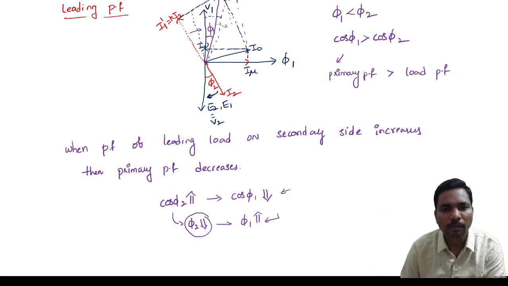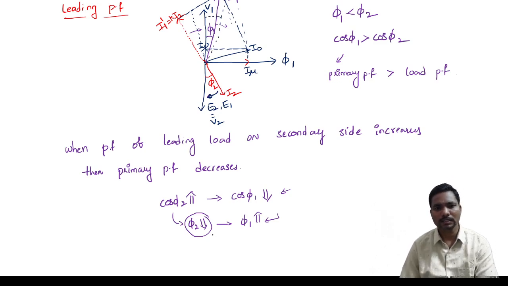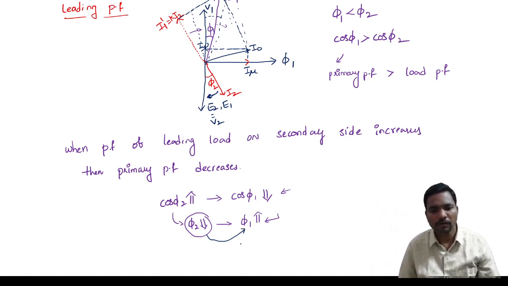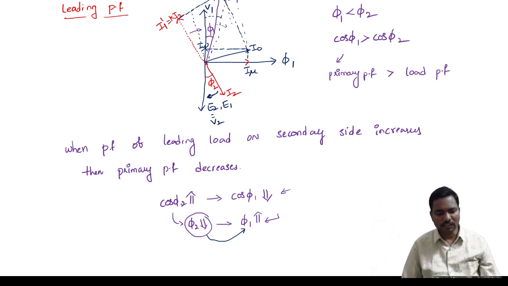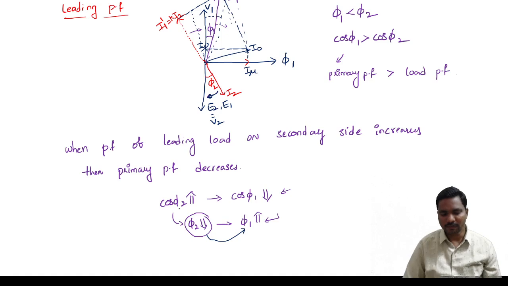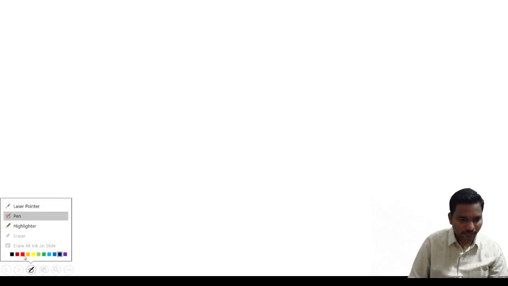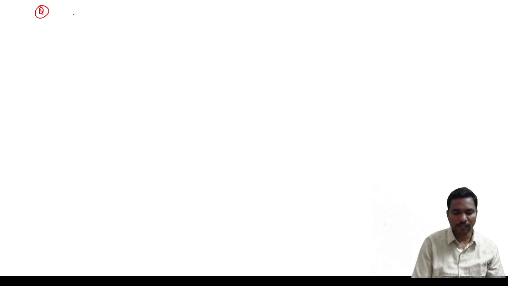So φ1 increases. As φ2 decreases, φ1 increases. That is the point. Power factor is reverse. Let us take one question on this, then you will get an easy understanding.